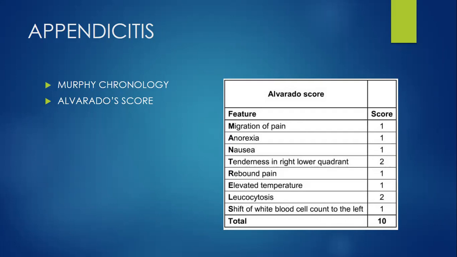Let's imagine you are all doctors on your shift in the ER, and you have a patient who starts telling you how he started feeling and how these symptoms developed over time. That is Murphy's chronology, how the appendicitis evolves and how it relates to the symptoms and signs.